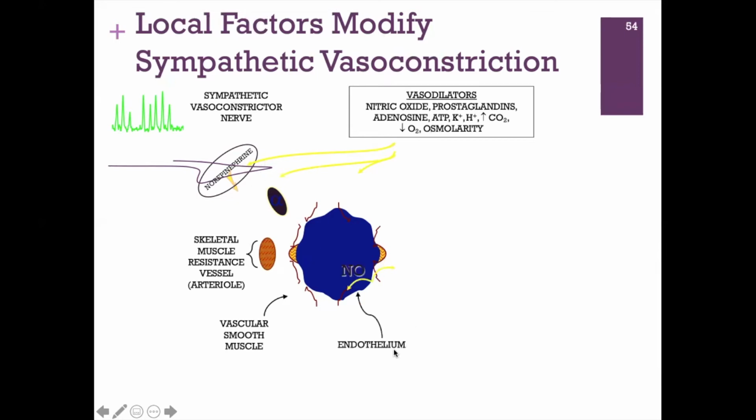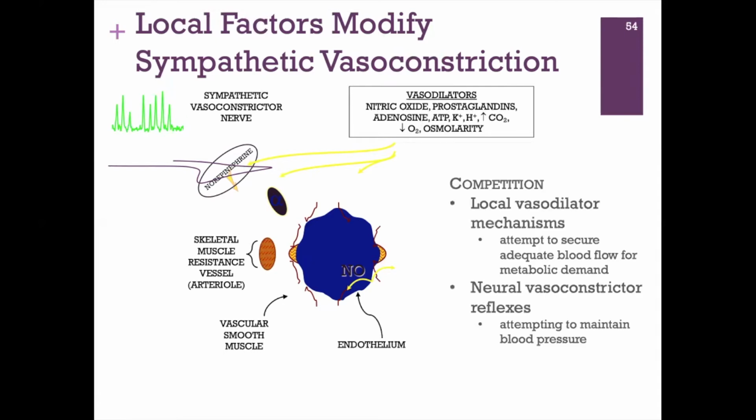Our endothelium is the layering around the edge of our blood vessel. It's like the outside rim of our blood vessel. This endothelium releases different things. Nitric oxide is an example, but other things are being released too, like prostaglandins and adenosine, in order to cause this vasodilation at the place where the muscles are working.